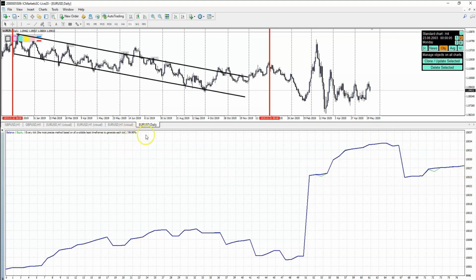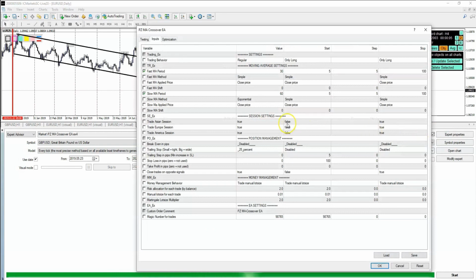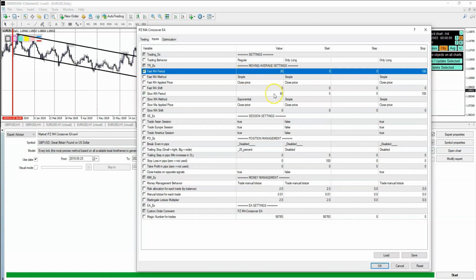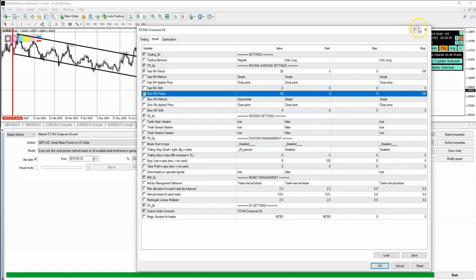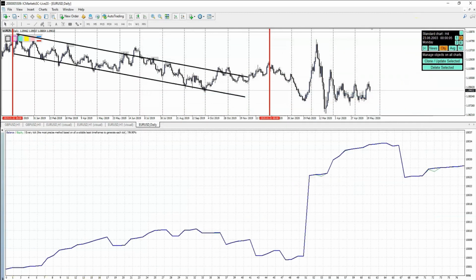Fantastic. 99% model quality, so this is a perfect model. It means for the past 12 months, if you had a moving average with a fast period of 30 and a slow period of 60, you would have made quite a bit of money, depending on the risk you decided to take.